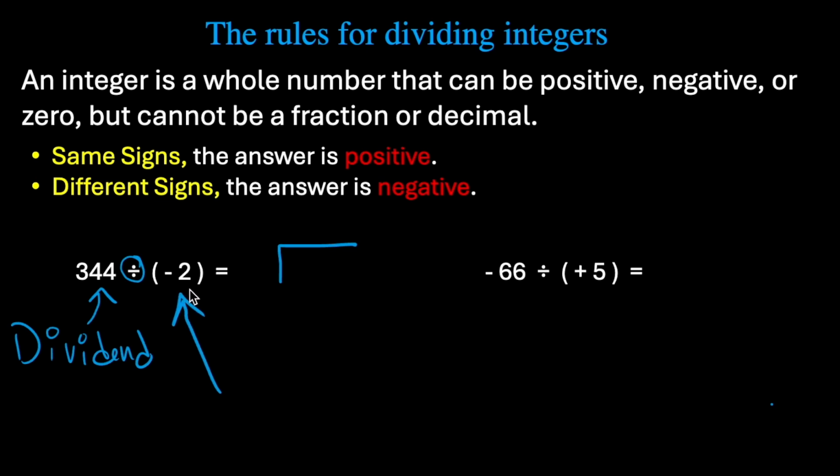The second number after the division symbol is called the divisor. And your answer will be your quotient. So I'll just write Q, your quotient, your answer.